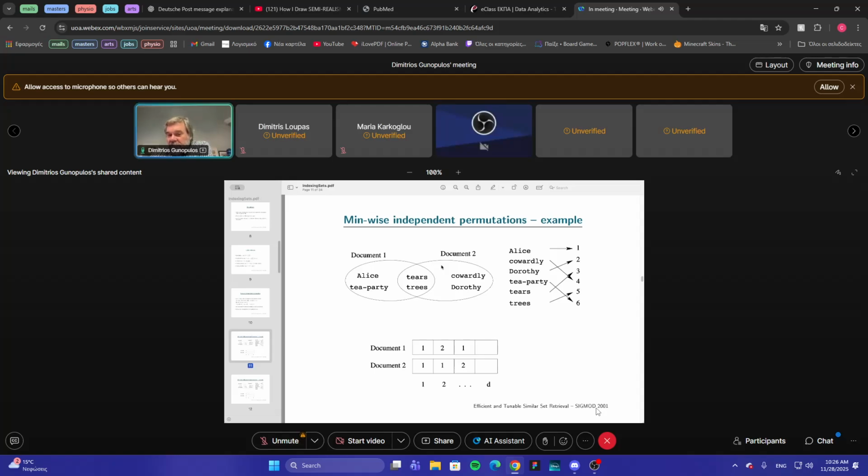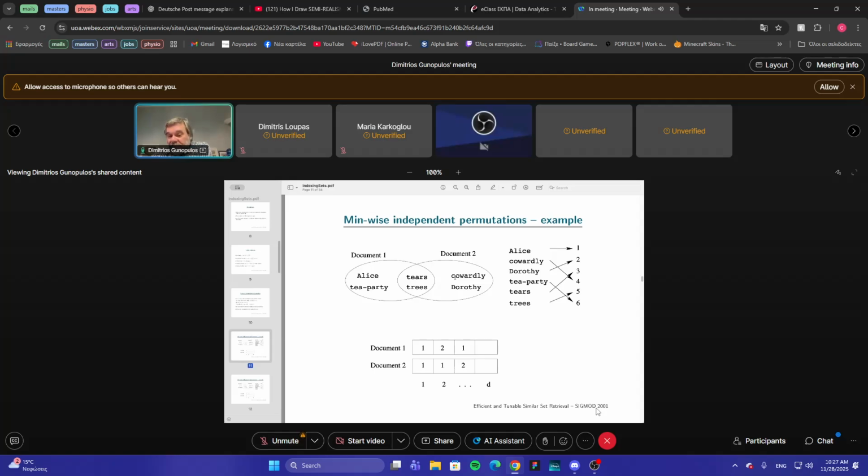Now, this is not difficult to see, but it tells you something. By taking a number of random permutations, each with probability 1/3 to be the same, after I do d of them, let's say 10 of them, if 3 of the 10 are the same, then I can be fairly sure that the Jacquard coefficient of these two is 30%.